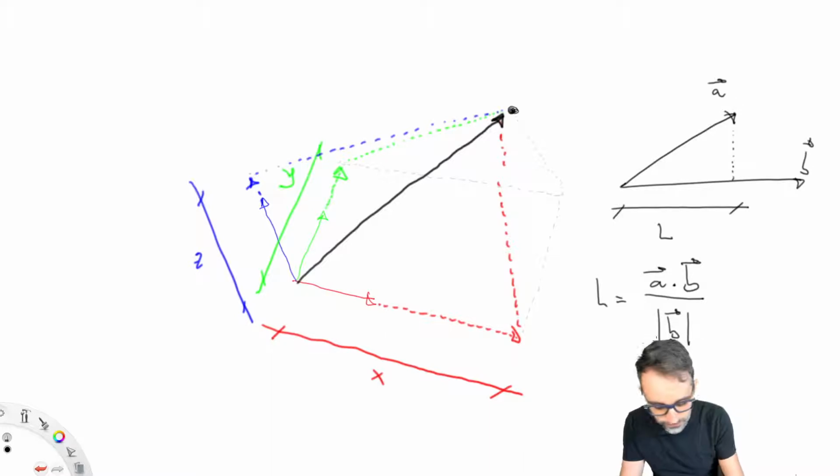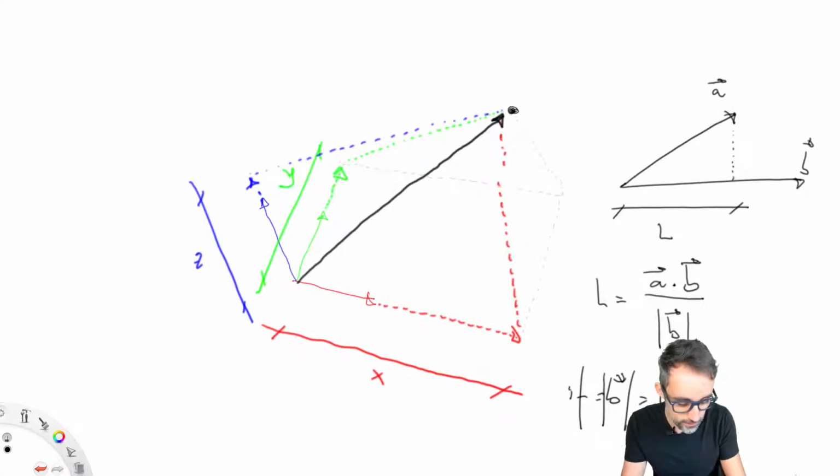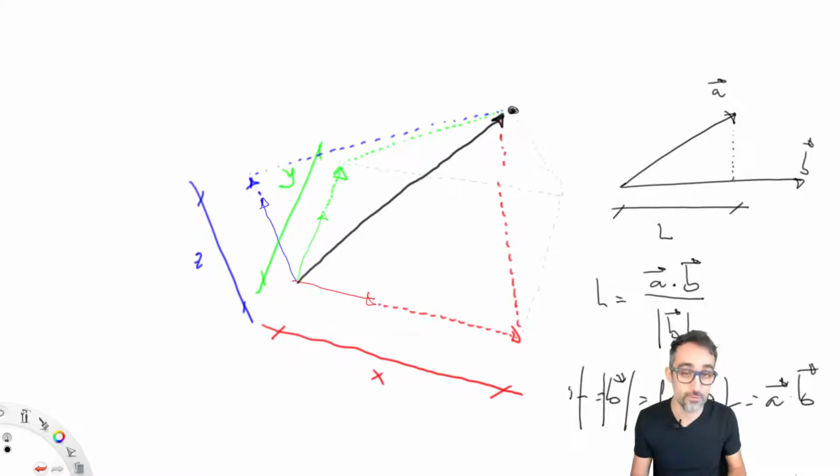And it turns out that if the length of B equals 1, then the length equals just the simple dot product of the two vectors.